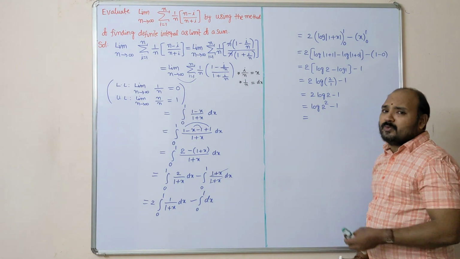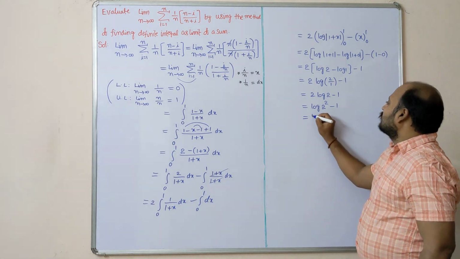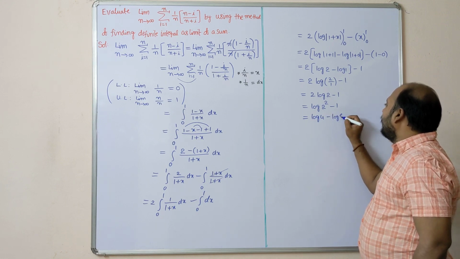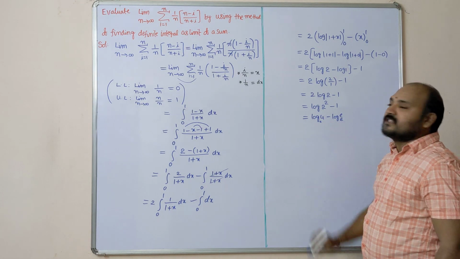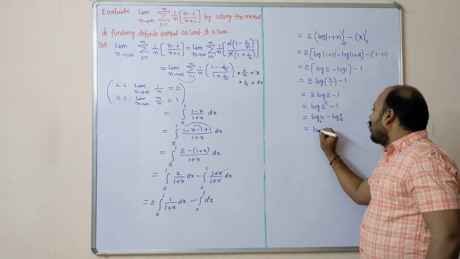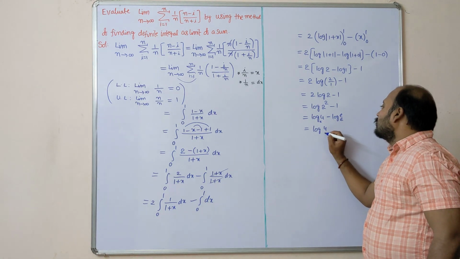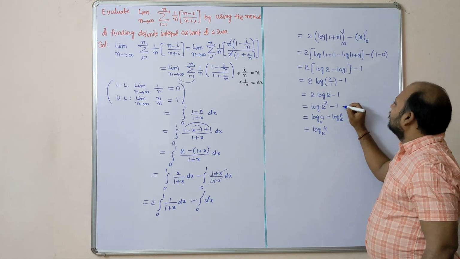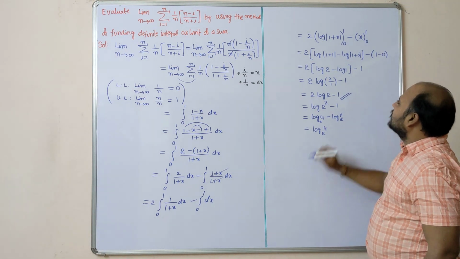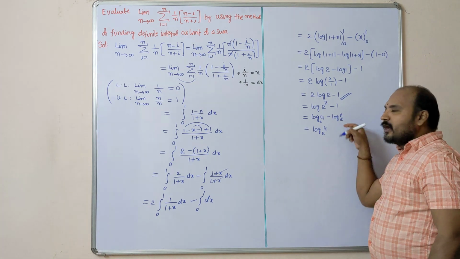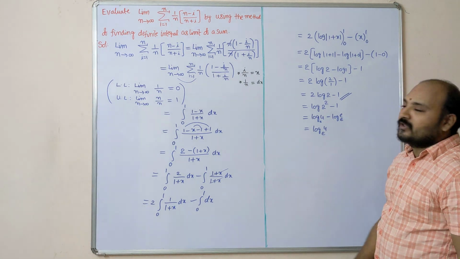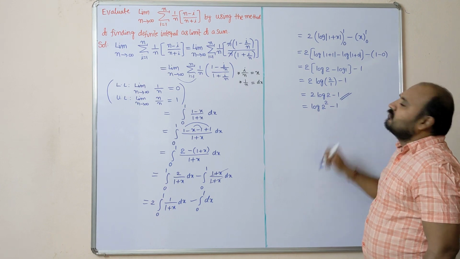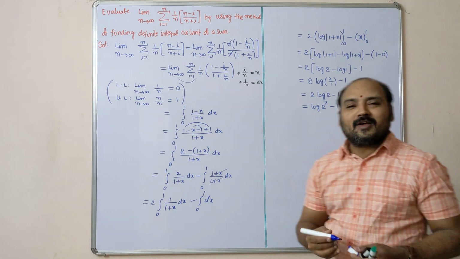In terms of e also we can write it, log 4 to the base e. Otherwise leave it like this, even till here it is the correct answer, dear students. If you want to write more information, you can write in that way. Better to write till here, that is enough. We'll move on to another question.